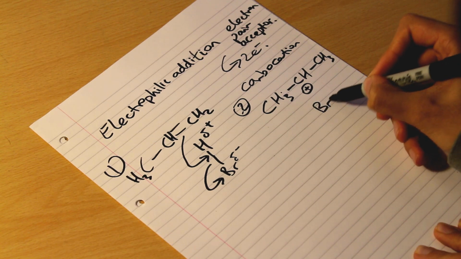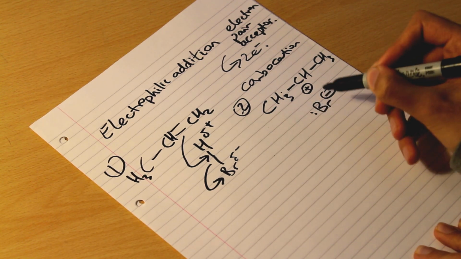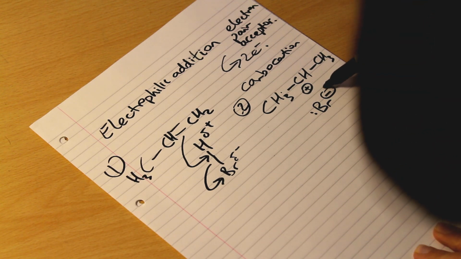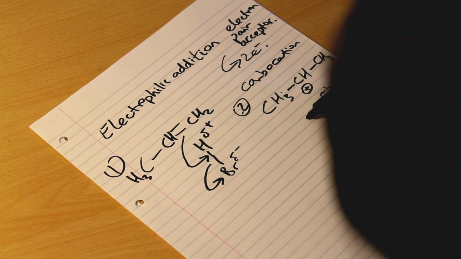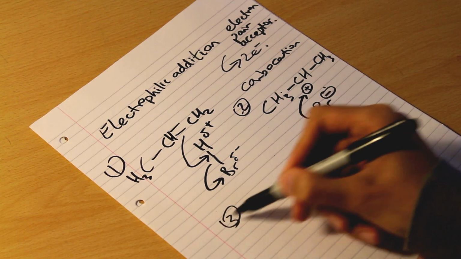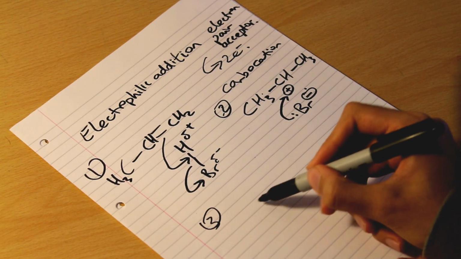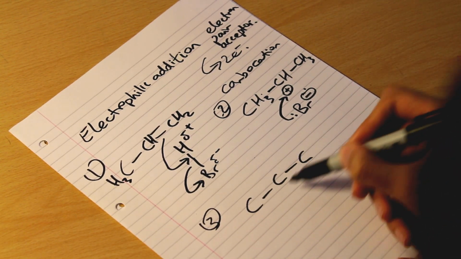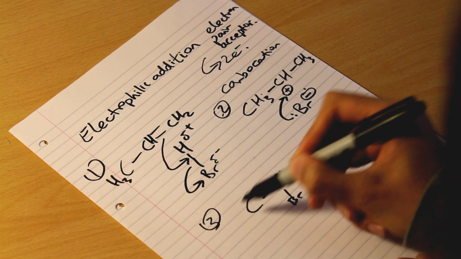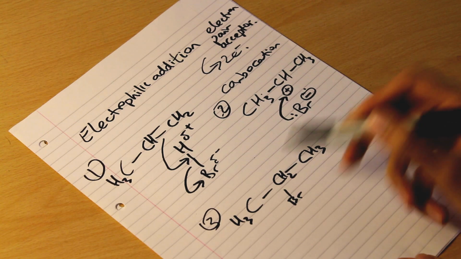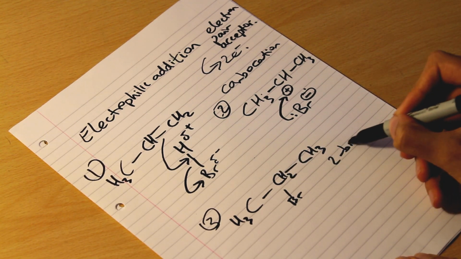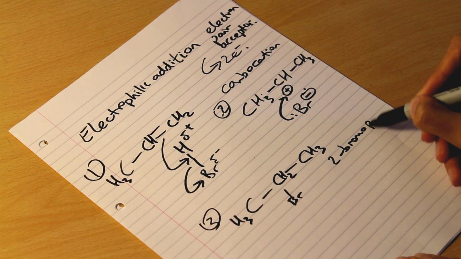And bromine would now be a bromide ion with an extra electron pair. And this now is the movement of these two electrons onto that positive charge to form the product, which is 2-bromopropane.